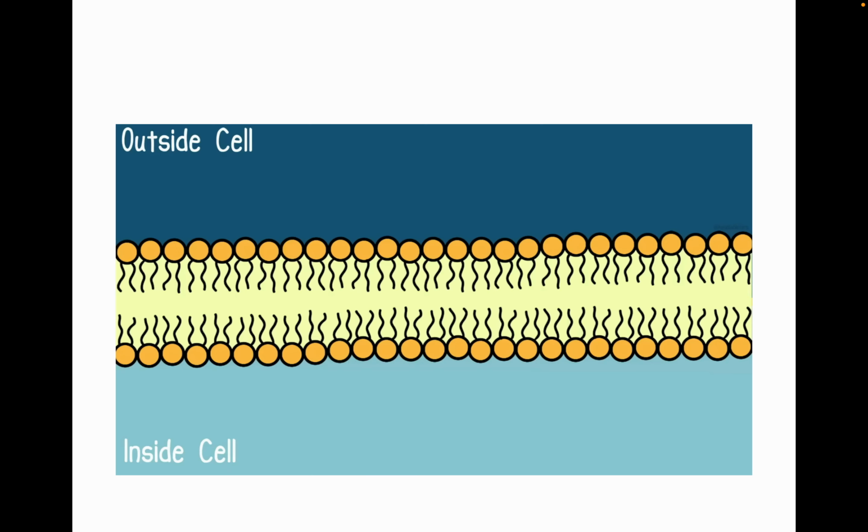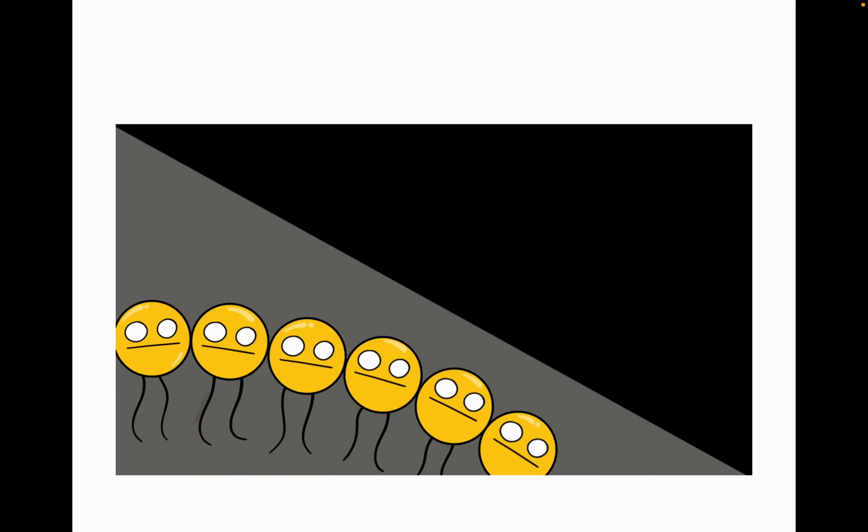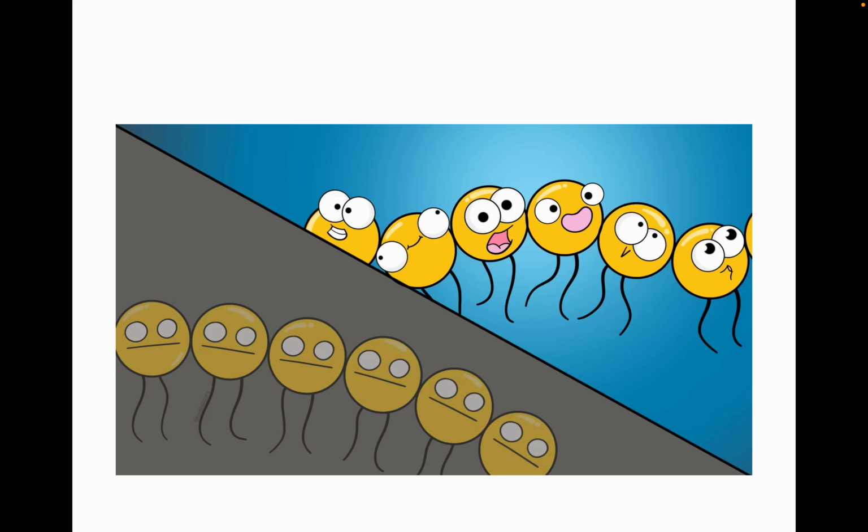These phospholipids arrange themselves into a phospholipid bilayer with the nonpolar areas in between, away from any water. It also allows this area in between to be separated from the outside and inside. Water can be found on the inside and outside areas. Also, these phospholipids don't just stay put. They move around. It's the fluid mosaic model after all.